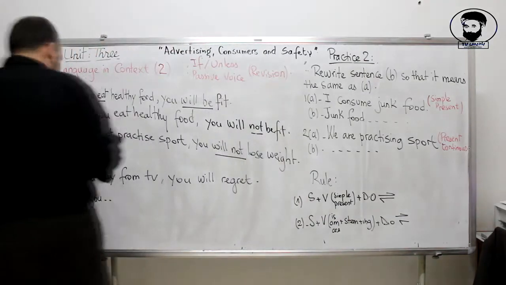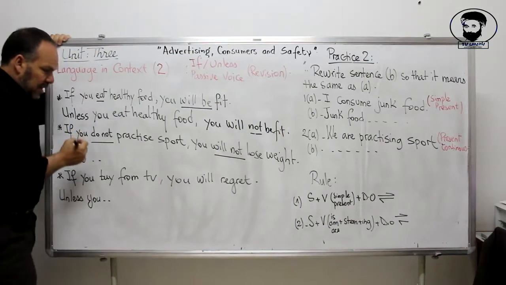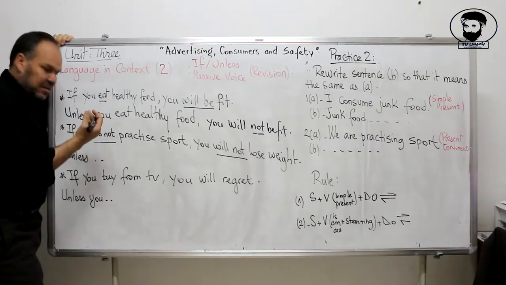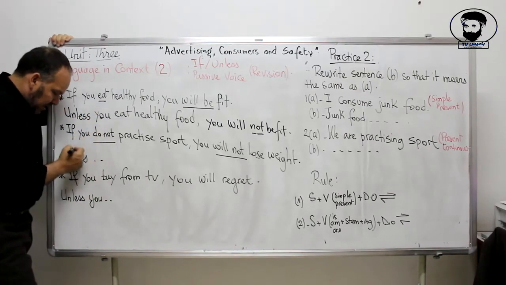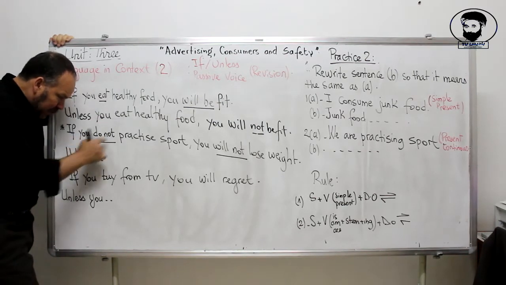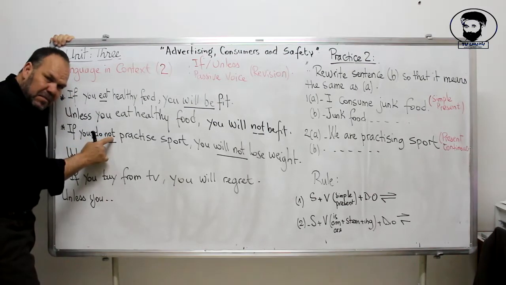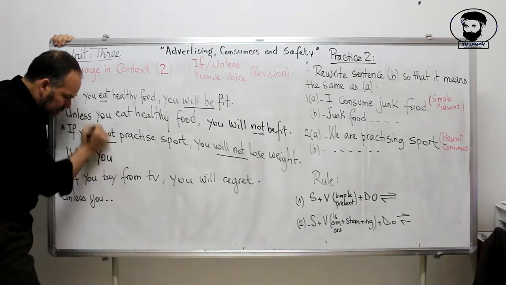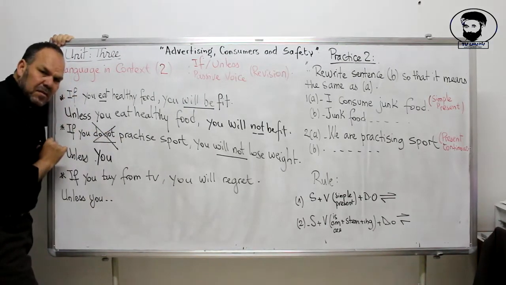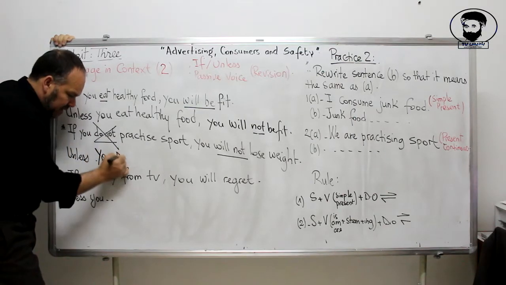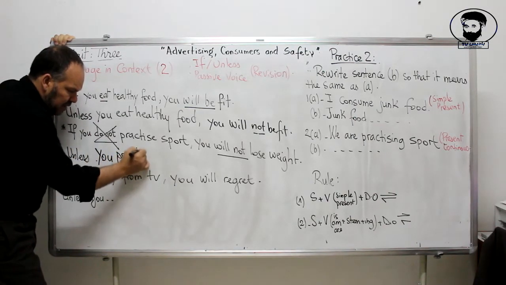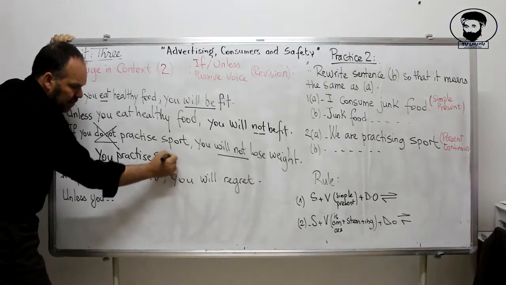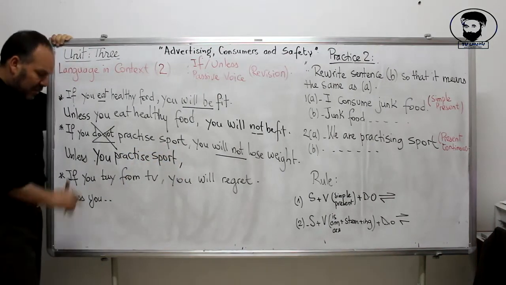So what do you see? Unless. Unless here is the form of if not. So, when you use unless, automatically you are using not. So, unless you practice sport, remember what you did?